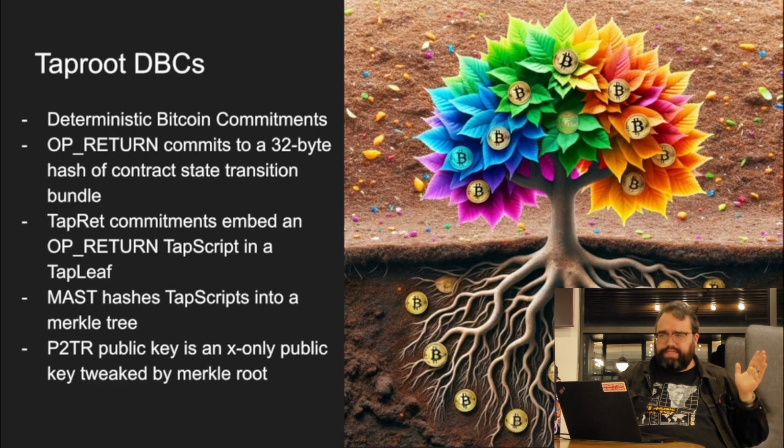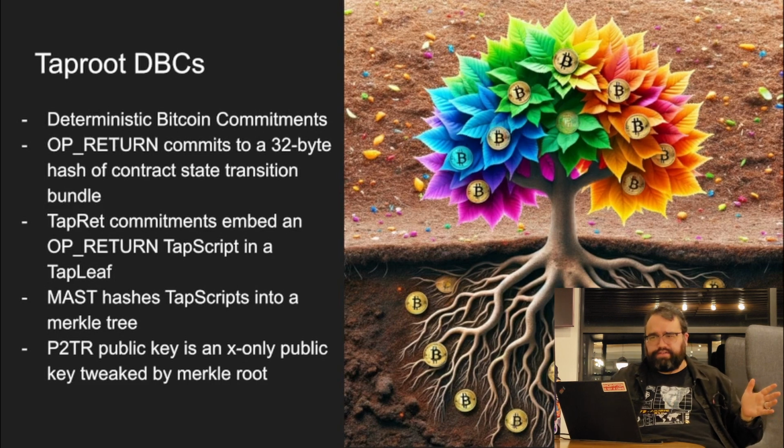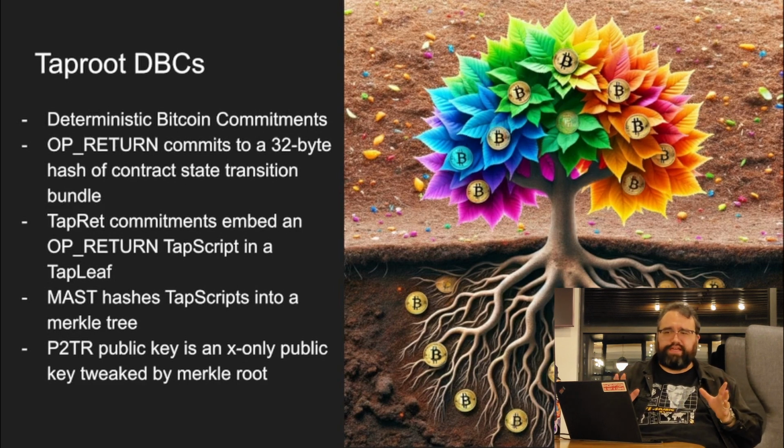So, Taproot DPCs. We use Taproot to make these deterministic Bitcoin commitments that allow you to create a cryptographic commitment, something that you can prove cryptographically, which is different than being able to prove, say, through game theory, economically or with incentives.